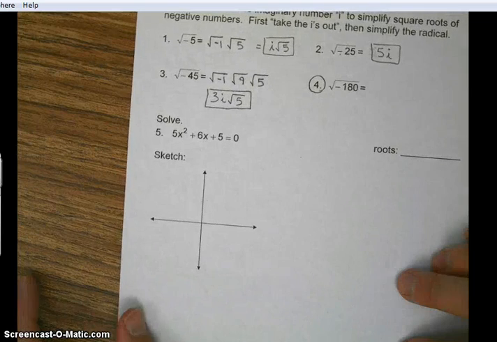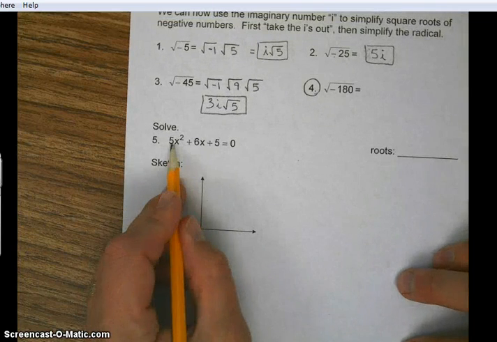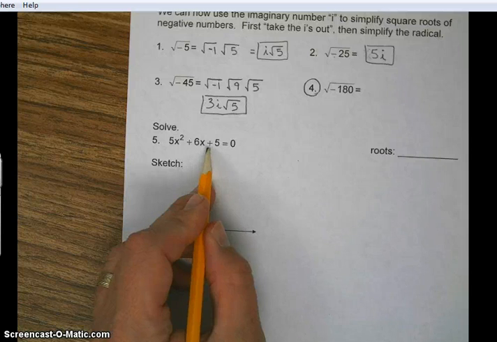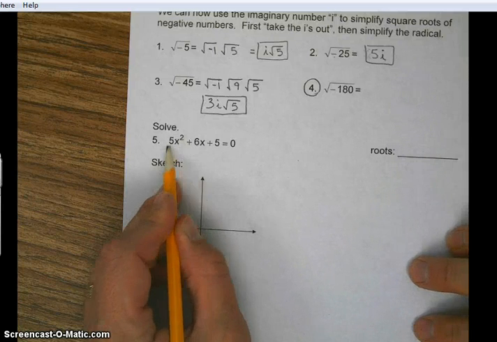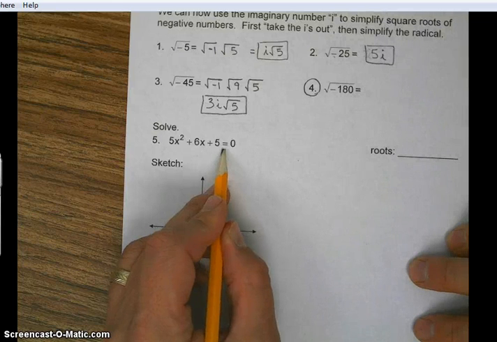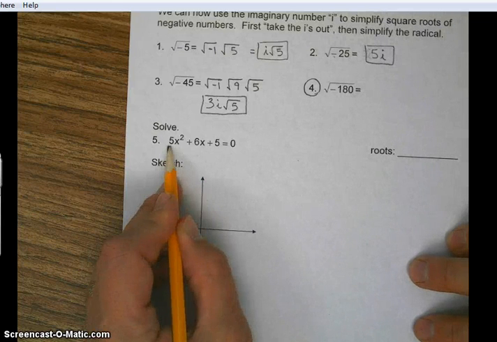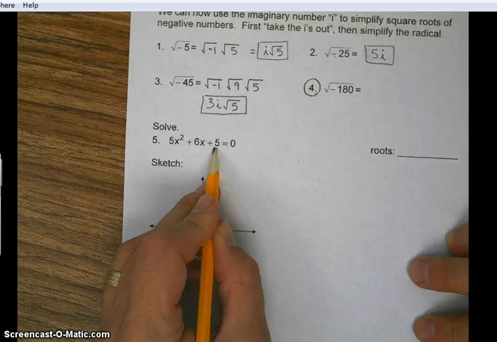Number 5, solve. So remember, when solving, we have some different methods for solving a quadratic. We could use the quadratic formula. We could try factoring. Remember, not all quadratics are factorable.